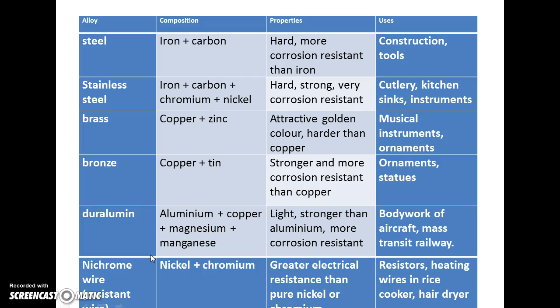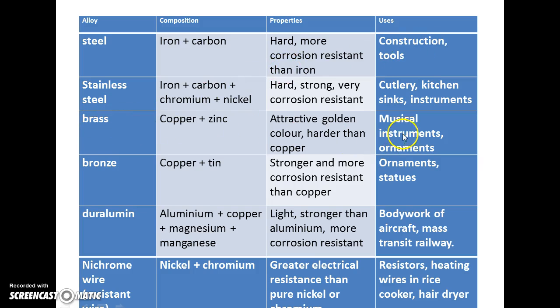Okay, for more examples of alloys, you can refer to tables here and also on the logs. Of course, you are not required to memorize these. It is just some examples to illustrate that alloys are very useful in our daily life. Steel plus carbon, not necessarily to be the metal mixture, can be used as the construction and tools.